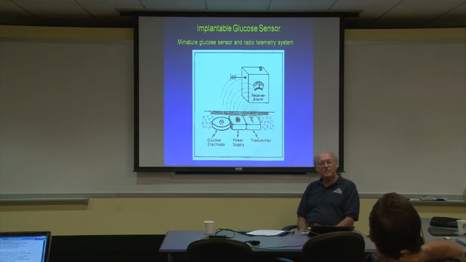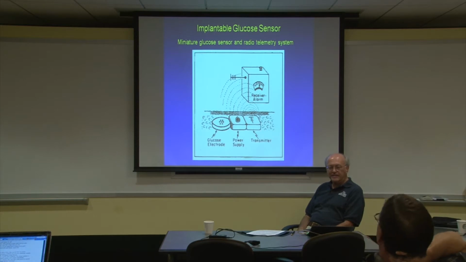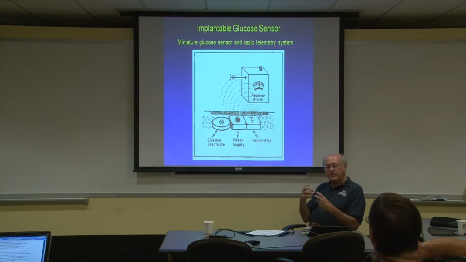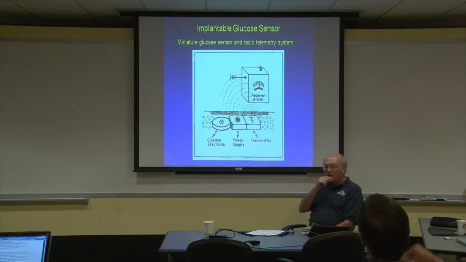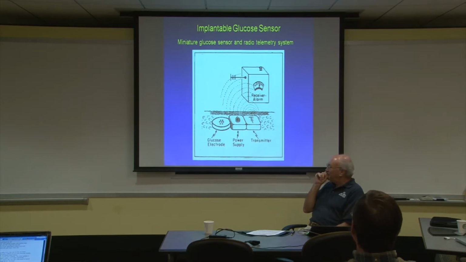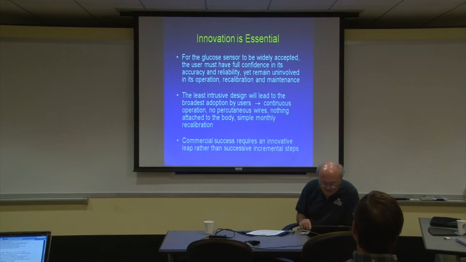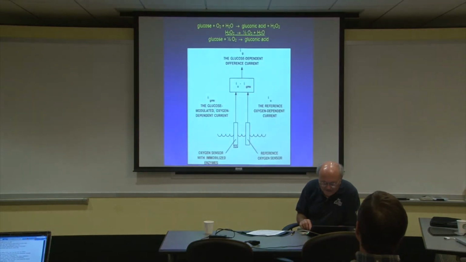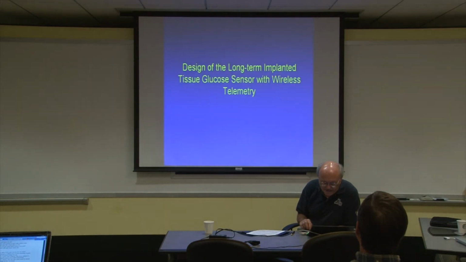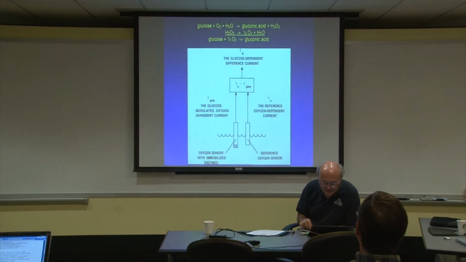This was pretty hypothetical in those days. Remember, engineers were still using vacuum tubes then, right? So some of this is a dream, and there have been some advances on it.